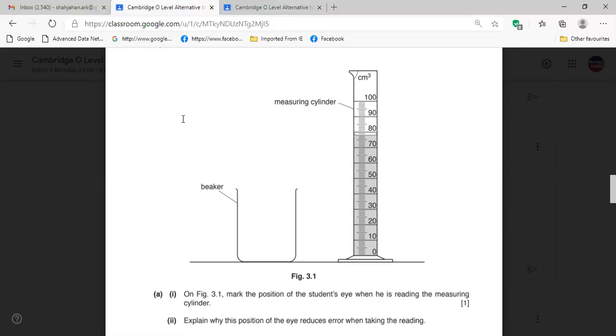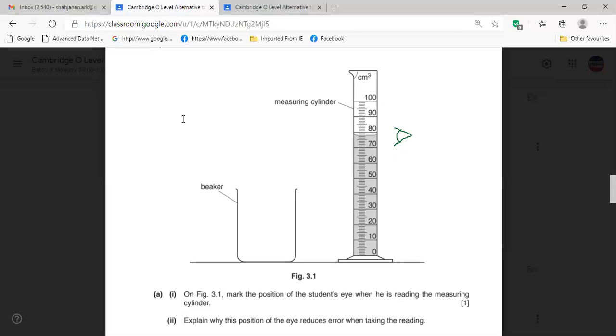You are using a laptop, Kamjit? Yes, sir. So you can show where the position of the eye should be. Sir, can I tell? Yes, you can tell.